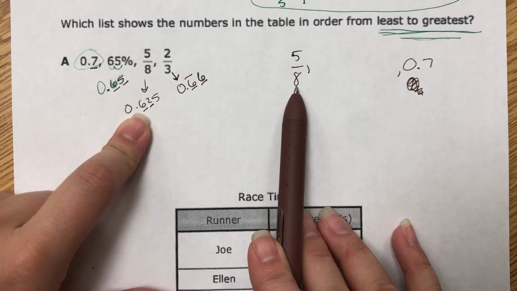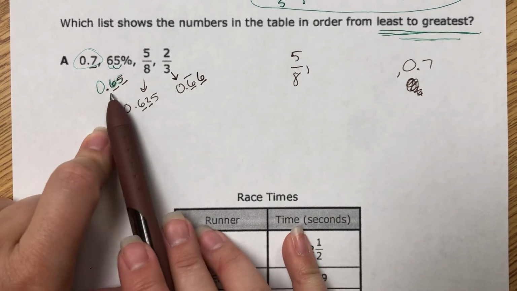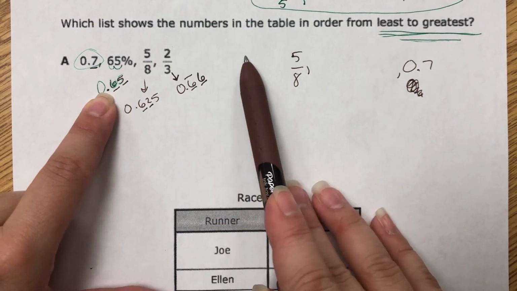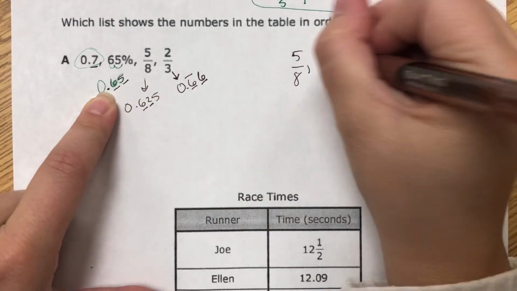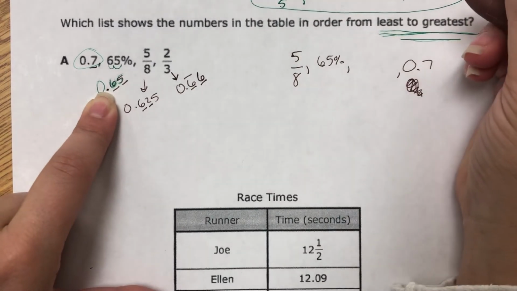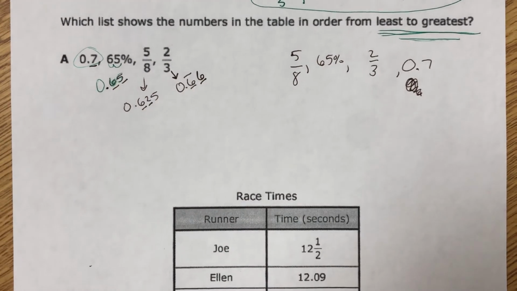We figured it out. This would be the second smallest number, or the next smallest number, because 0.65 is smaller than 0.66, and then a bunch of other 6s repeating. So I'm going to put 65%. And then the next one is 2 over 3.